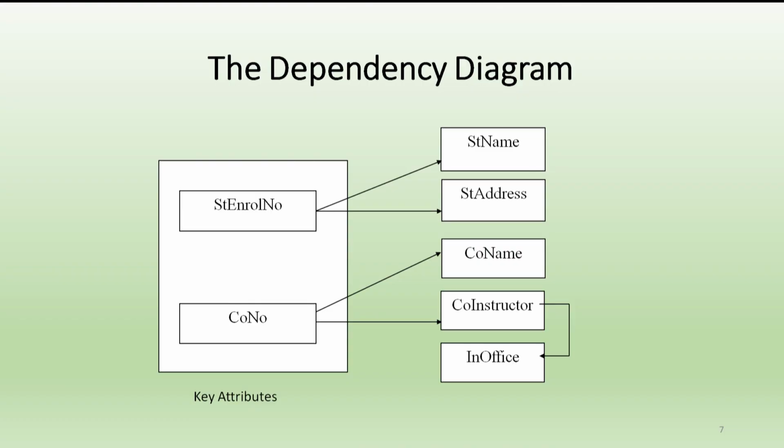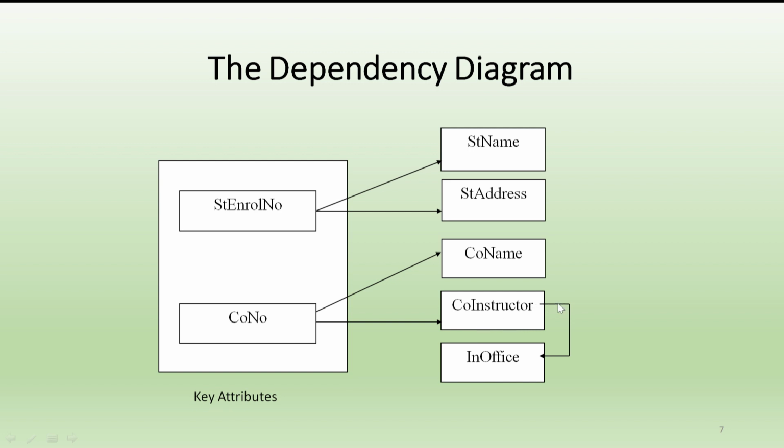So how do we represent these functional dependencies? We represent them with the help of a diagram. So this is the dependency diagram, what you see on the screen, right? The key attributes we have are the enrollment number and the course number. The enrollment number is determining the student name, as I explained to you, and so is the student address, and course number is determining the course name as well as course instructor.